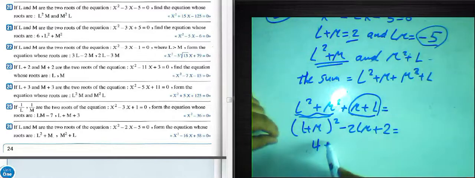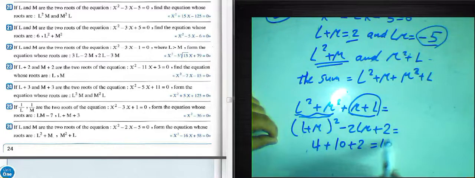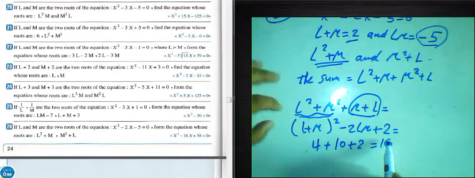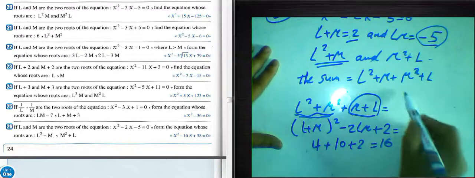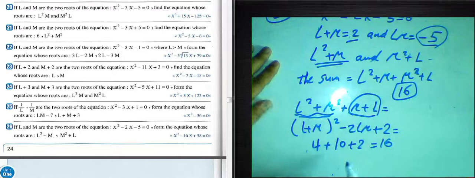Negative times negative equals positive, 2 times 5 equals 10, plus 4 the result will be 16. It was the sum, so the sum will be 16.